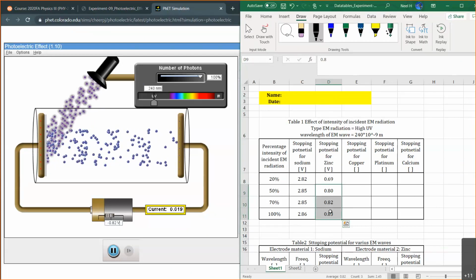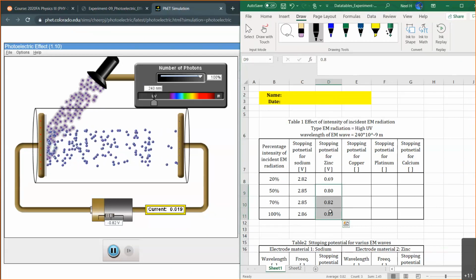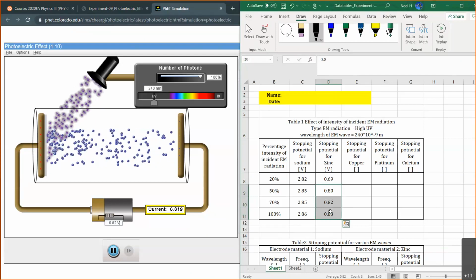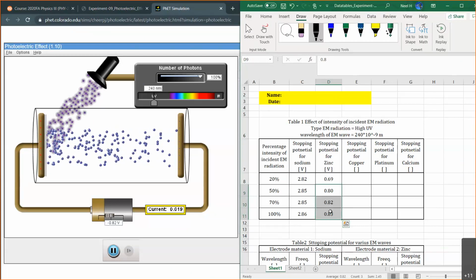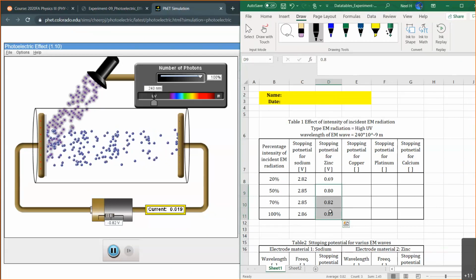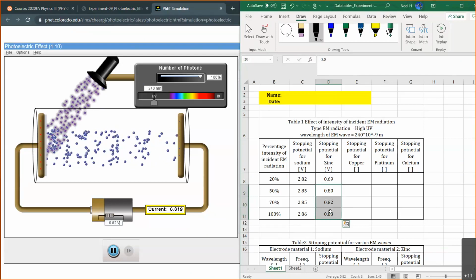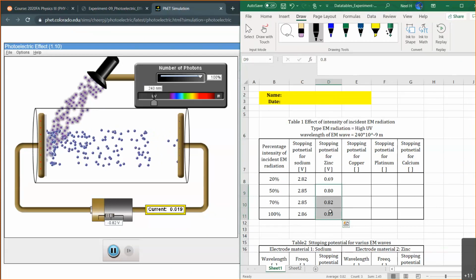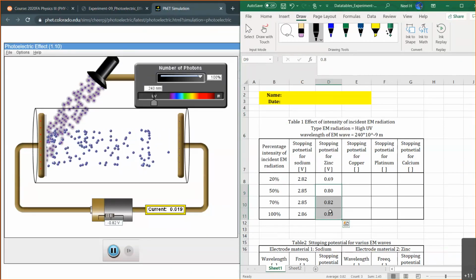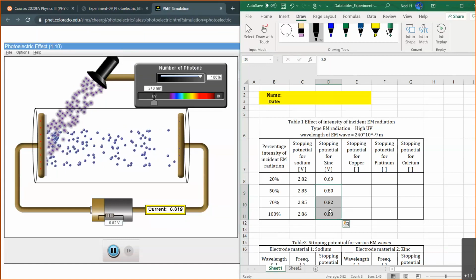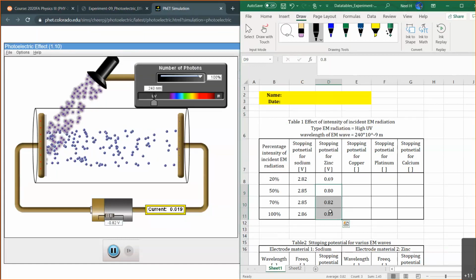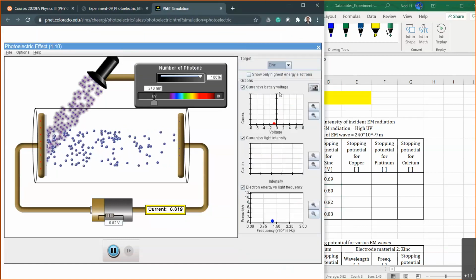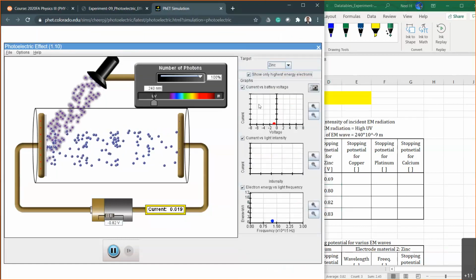Okay, so what it shows us is that no matter how many photons are hitting, the kinetic energy of the electron that comes out is constant. So that's what it tells. That's the idea proposed by Einstein at that time. So if that is really quantized, the maximum electron energy coming out should always remain constant. That's what it shows. Question.